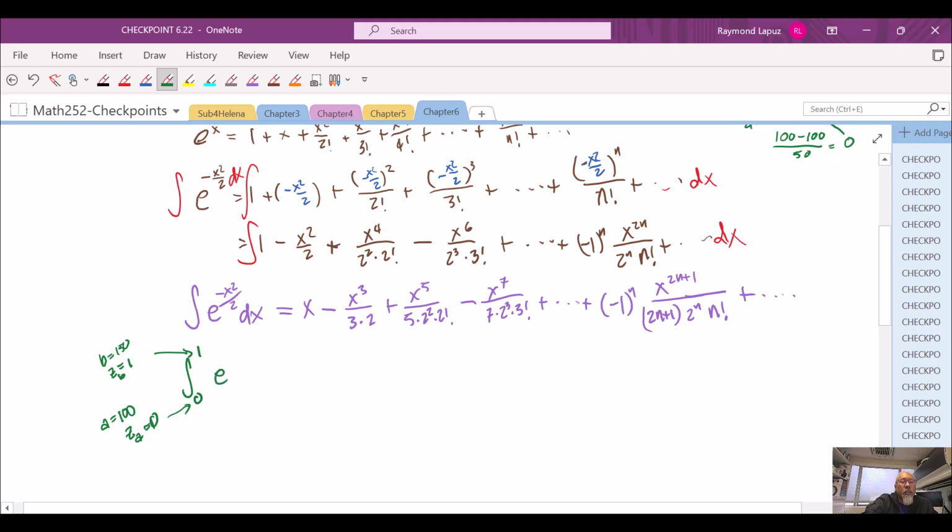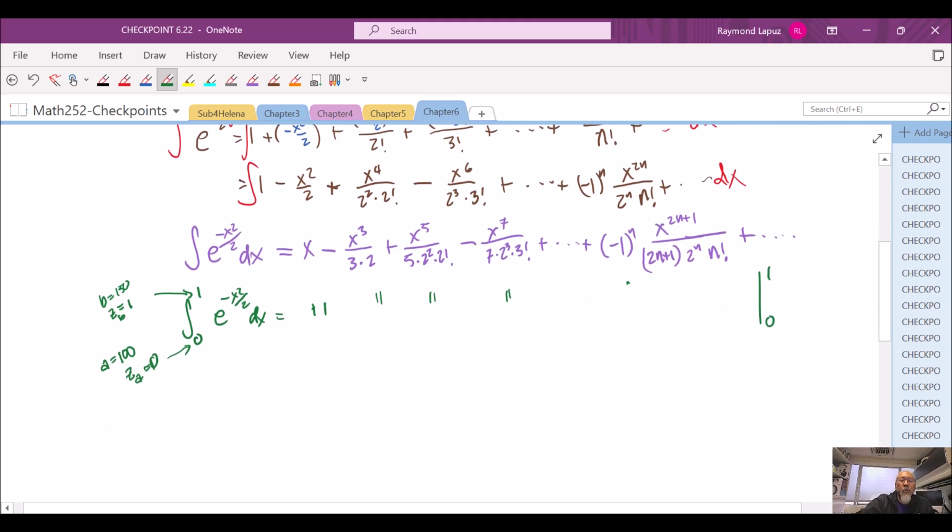We have e to the negative x squared over 2 dx. We already integrated this, so I'm not going to rewrite the whole thing. I'll just put some quotes here and say we're going to integrate this from 0 to 1. And notice that if you put 0, we're going to get 0 because all these terms have an x in it.